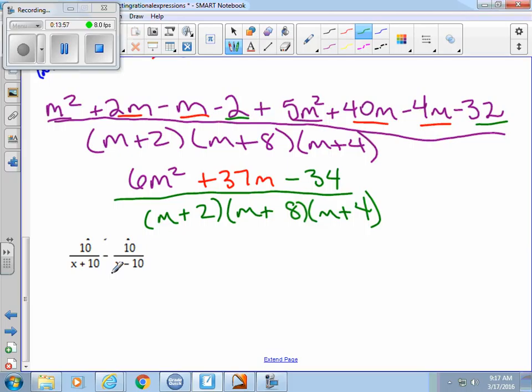When they're subtracting, but they're switched around. This one is one's addition, one's subtraction, so they actually have nothing in common and can't make them have anything in common. So what does the left-hand fraction need? An x minus 10. And what does the right-hand fraction need?